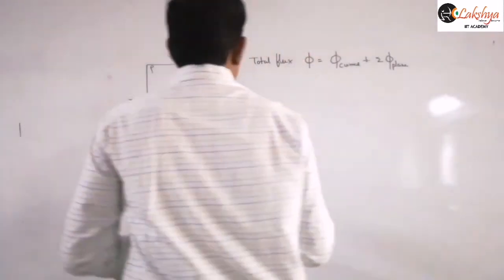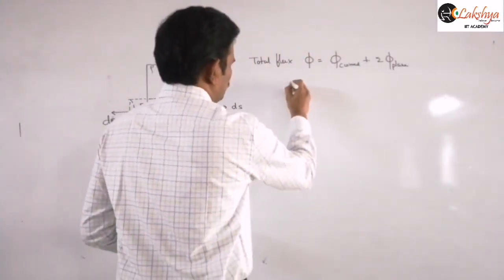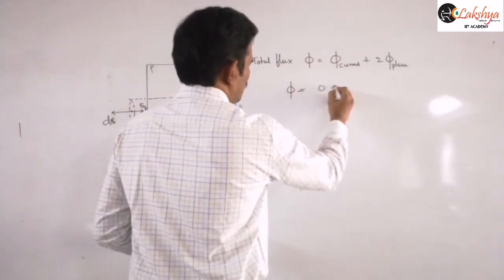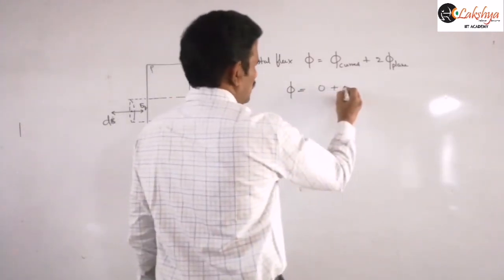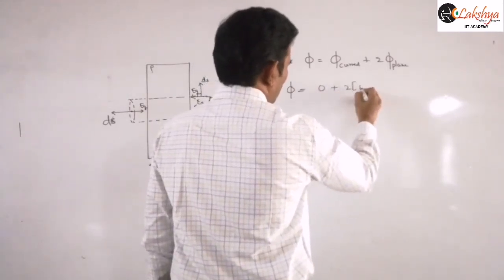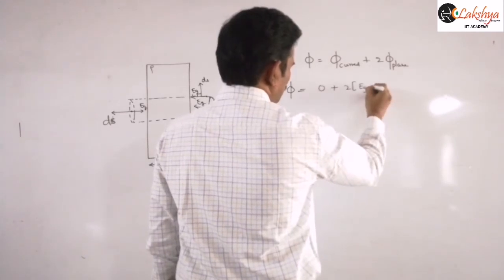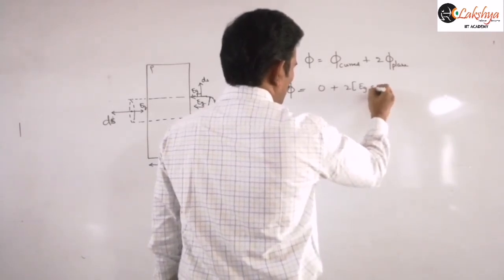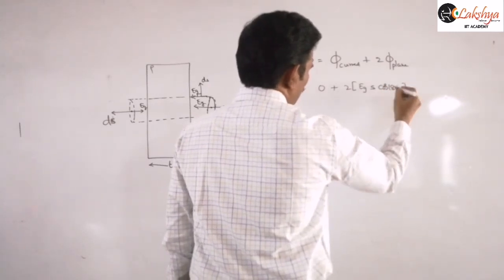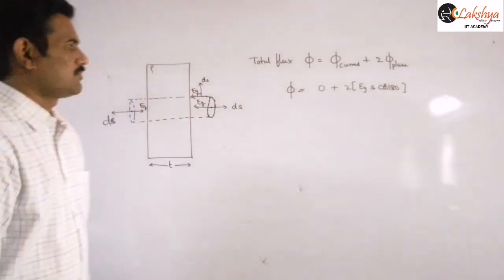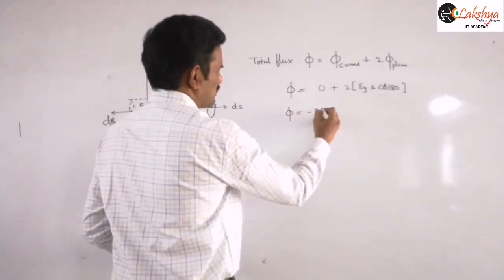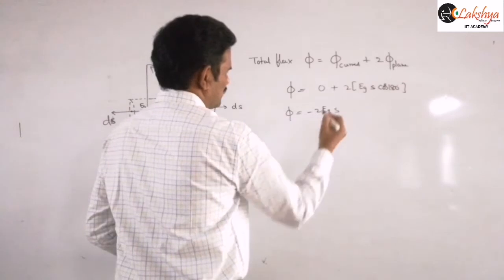Now the flux through the curved surface will be 0, so this is 0 plus 2 into Eg into S, suppose I am taking that area as S, into cos 180, right? Because they are opposite each other. Therefore this flux we can write as minus 2 Eg S.